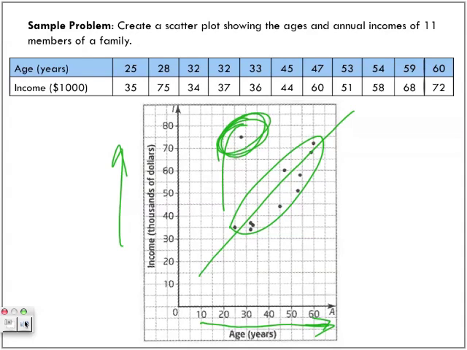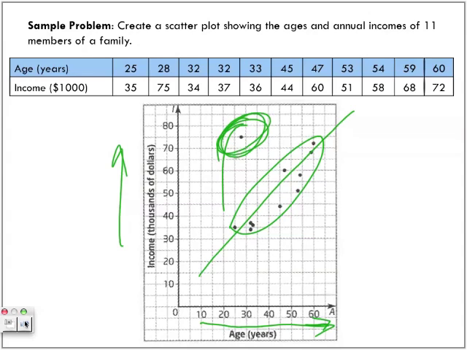So we could say that as we get older, we're going to get paid more. As a teacher, my first year getting paid compared to what I'm making now, big difference. Because as I'm getting older, I'm making more and more money. The same goes with a lot of jobs, even with raises. If you're working at a company or some food place, you're making minimum wage when you start.